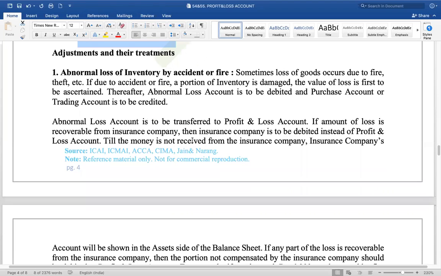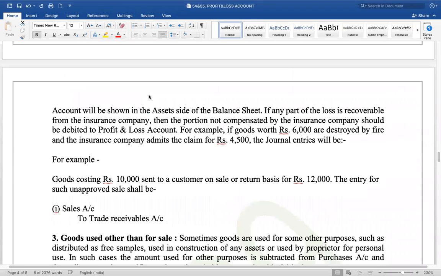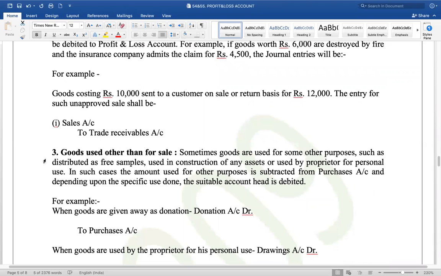Now we are coming to the important point. Adjustments and treatments. Okay, look at this. Number one, abnormal loss of inventory by fire, by accident. Number 2, goods used for other than sale.